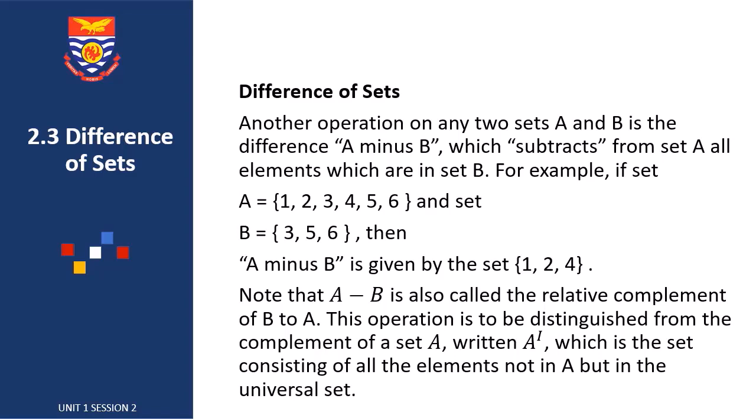For example, if set A is 1, 2, 3, 4, 5, and 6, and set B is 3, 5, and 6, to find set A minus set B, you will subtract all the elements in set B from the elements in set A, and that will give you 1, 2, and 4.